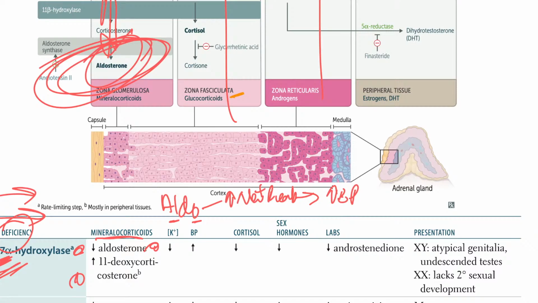Because wherever sodium goes, water follows. So when you reabsorb your sodium, the water is going to follow, and it is going to cause an increase in blood pressure, which is essentially known as hypertension.